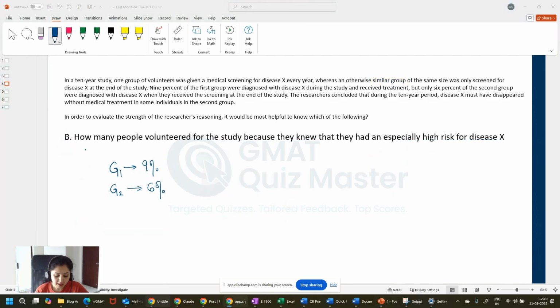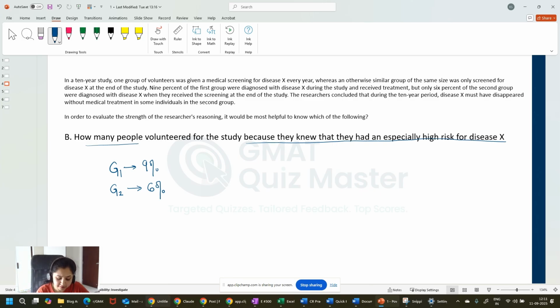Choice B. How many people volunteered for the study because they knew they had especially high risk for disease X? All right, so this choice is about the number of volunteers who participated because they knew they are very vulnerable to disease X. It's very likely that they will get disease X. How does that help us evaluate the conclusion? Let's assume some values to get clarity.